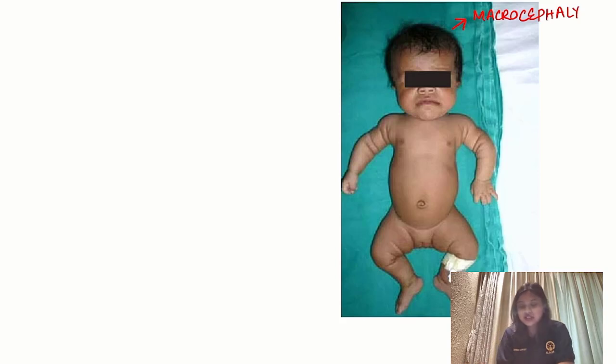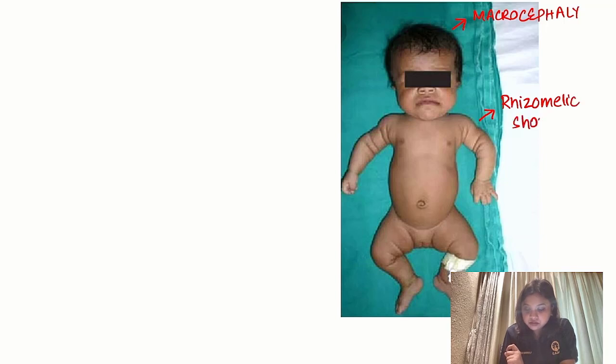This pattern, where the humerus and the femur are shorter as compared to the forearm and the legs, is known as rhizomelic shortening of limbs.